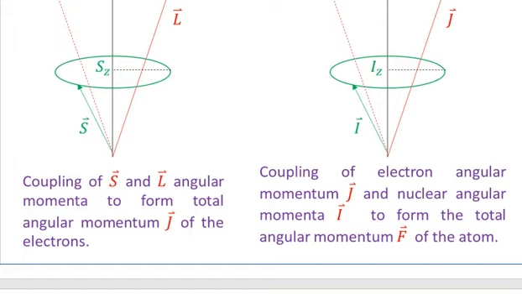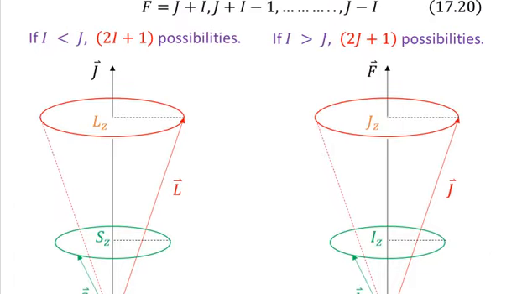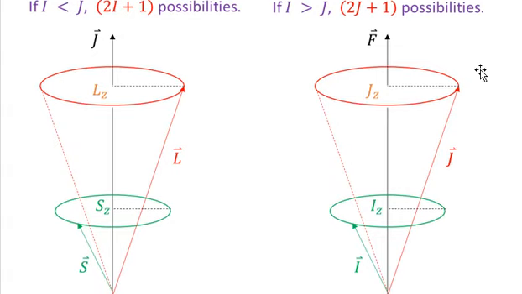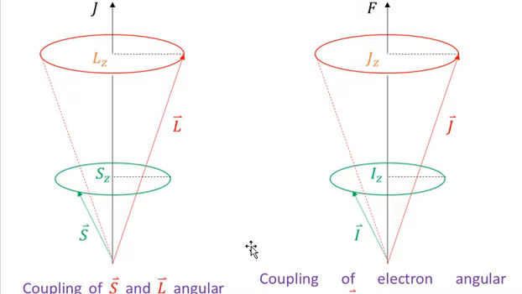Let me discuss this figure first. On the left hand side, you have the total spin due to electrons represented by capital S, that is the spin angular momentum of the electrons. You have capital L as the total orbital angular momentum of the electrons.